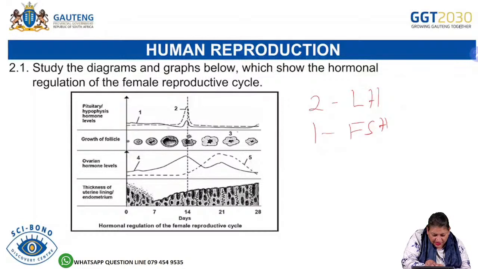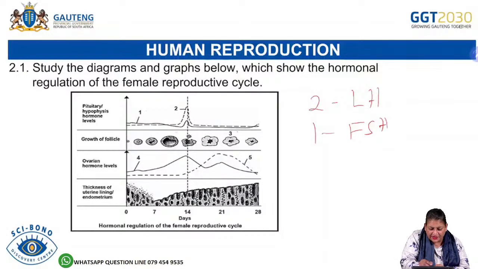That's why you can see there is a sudden sharp increase in FSH on the 13th day, because your mature Graafian follicle formed. And who caused it to develop? FSH. And then on the 14th day, we know that that Graafian follicle bursts. Can you see? On the 14th day, that's when ovulation occurs. So the Graafian follicle ruptures. And then what's formed? Your corpus luteum.